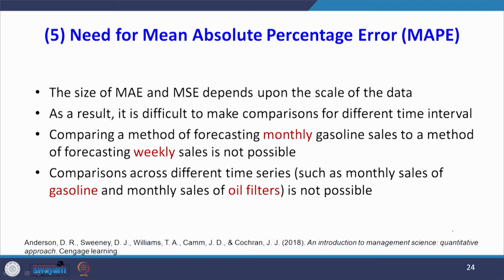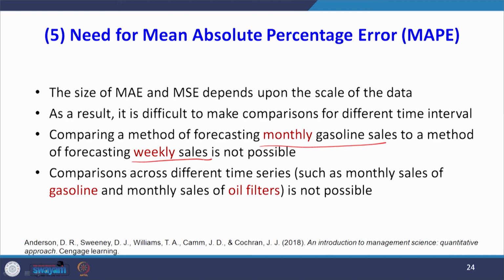The reason is that the mean absolute error and mean squared error we used previously depend upon the scale of the data. As a result, it is difficult to make comparisons across different time intervals. For example, comparing a method of forecasting monthly gasoline sales to a method of forecasting weekly sales is not possible. So, this comparison is not possible using mean absolute error and mean squared error.